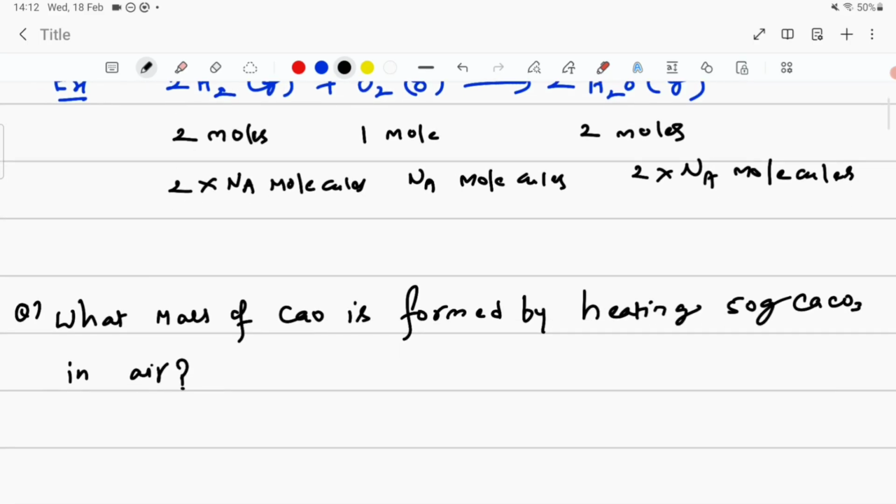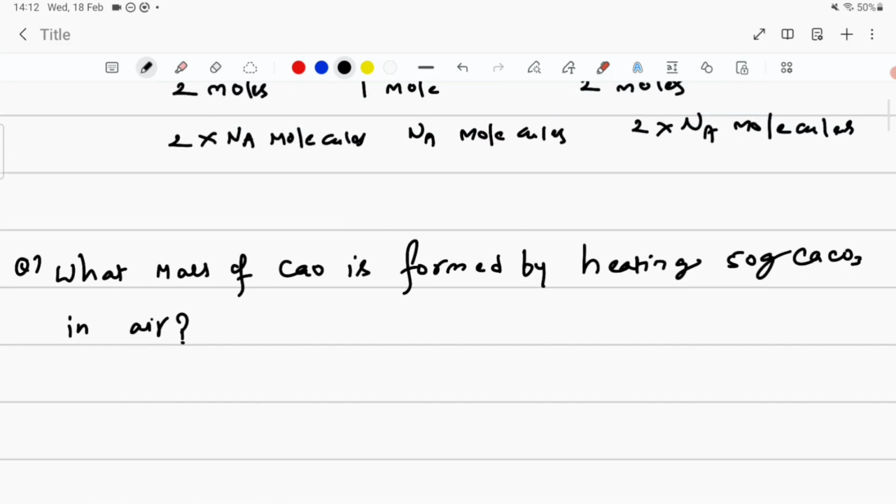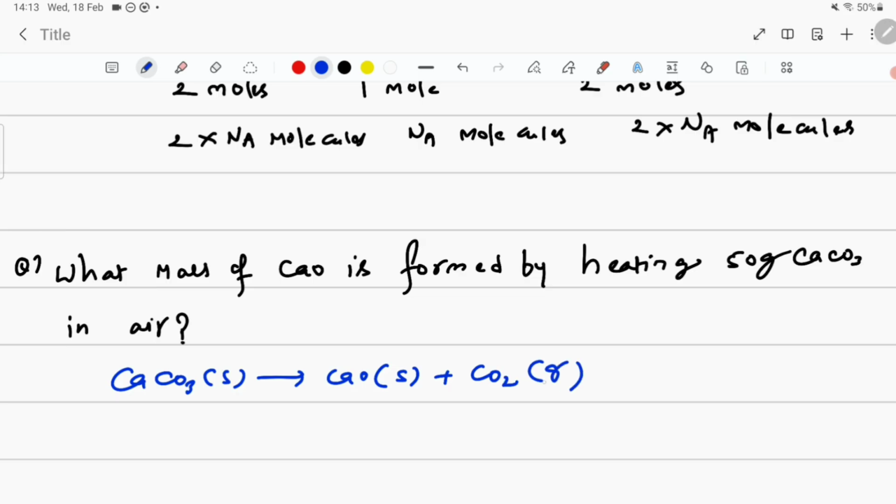See the first question here. What mass of CaO is formed by heating 50 grams of CaCO3 in air? So how do we calculate here? Calcium carbonate, solid form, upon reaction gives CaO plus CO2.